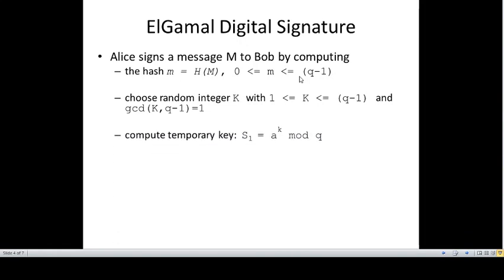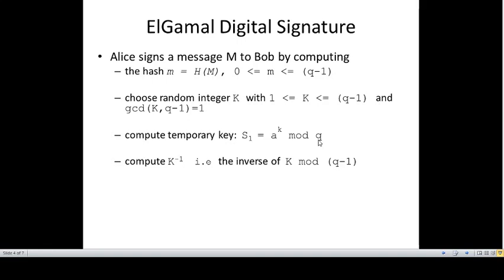Now the next step: the first piece that you calculate is S1, which is called computing the temporary key. So how do you calculate S1? S1 is equal to A raised to K mod Q. What is A over here? The primitive root that you have selected at the very first step. K is the random integer that you select here, and Q is the prime number that you have selected.